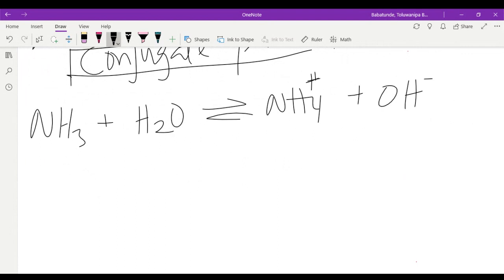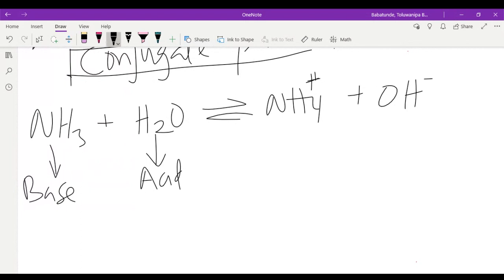We already established that this water here is an acid and ammonia is our base. So in the forward direction, we have this as a base and this as an acid.